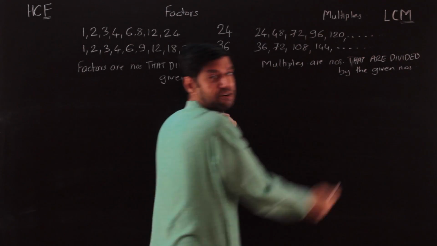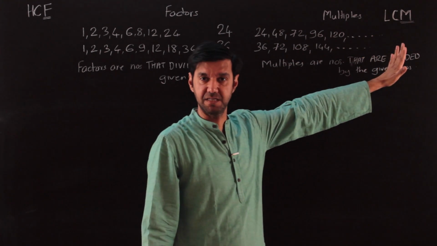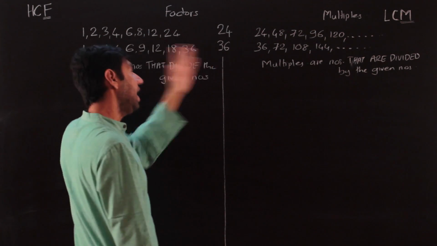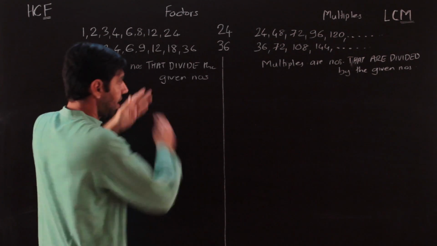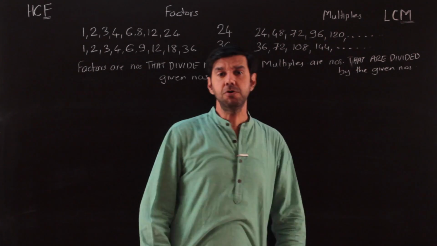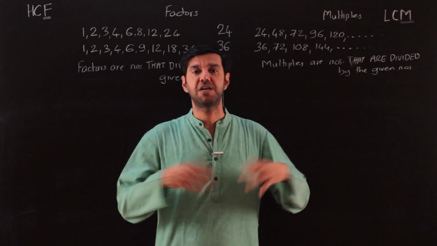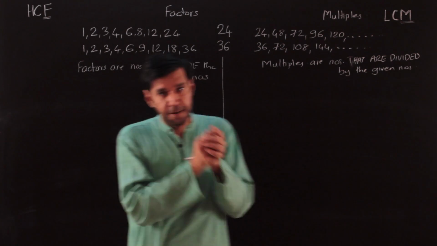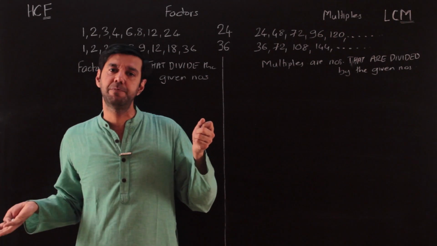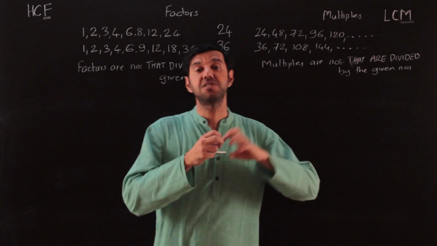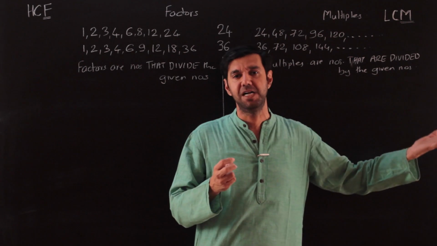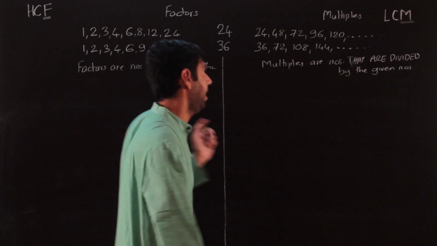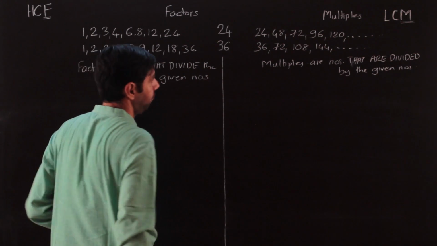Multiple means to the right of the number, larger than the number. Whereas factors are less than the number, to the left of the number. So I'm using the help of a number line. I don't think there should be any confusion between whether it's an application of multiples or of factors. If I want numbers which are smaller than the given numbers, it has to be factors. If I want a number which is larger than the given numbers, it has to be multiple. So I find it difficult when people say that they could not identify whether it was an application of LCM or HCF. Therefore, I'm doing this. Let's continue.